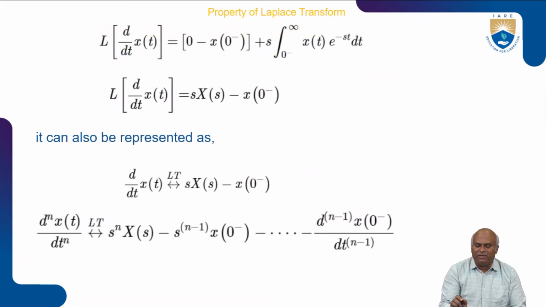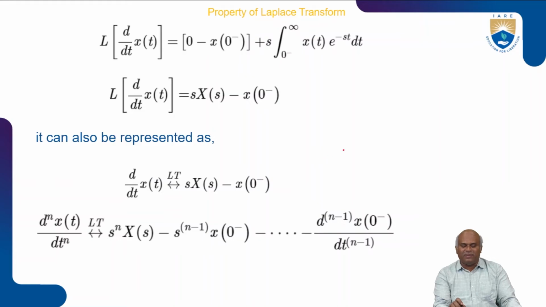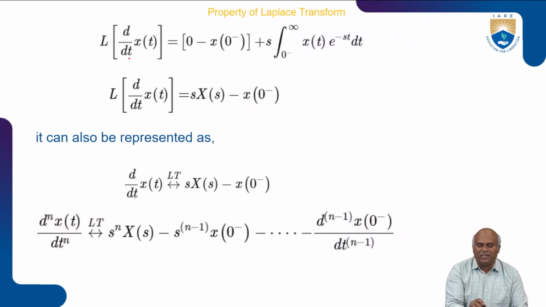Now again we can substitute for the integration with limit. Then the Laplace transform of d by dt x of t is equal to, after substituting the limit, 0 minus x(0) plus s times the integration from 0 to infinity of x of t e power minus st dt.